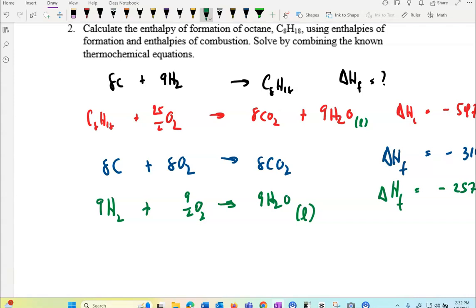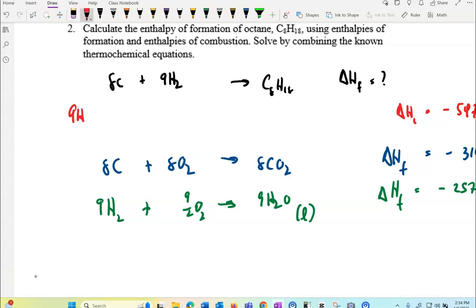Here it is as a reactant. What we're going to do is flip this entire equation around. Sorry, I had someone knocking on my door. So we're going to take this entire equation and flip it backwards so that now it's running in the opposite direction.